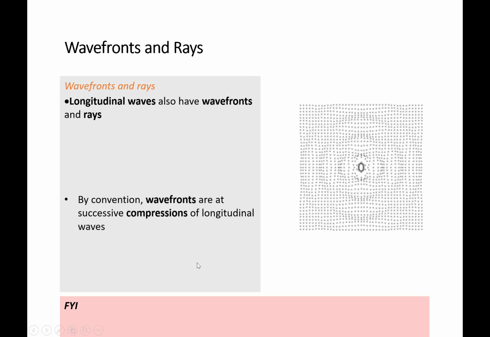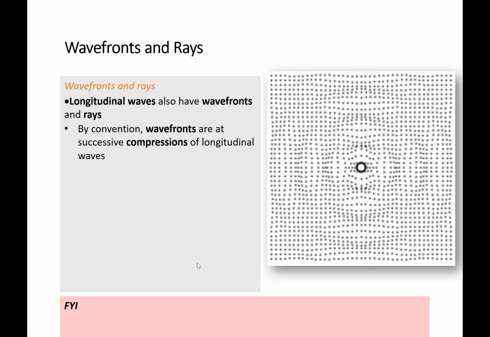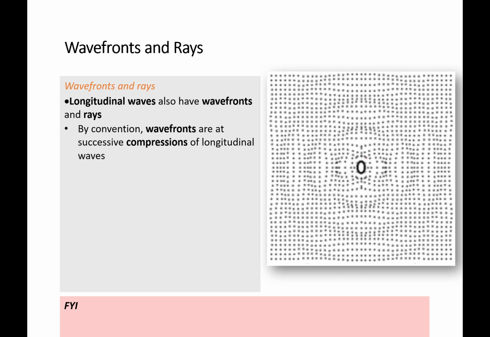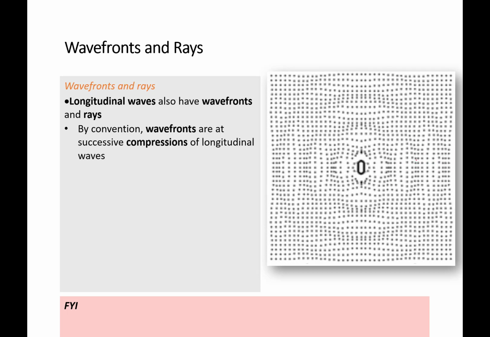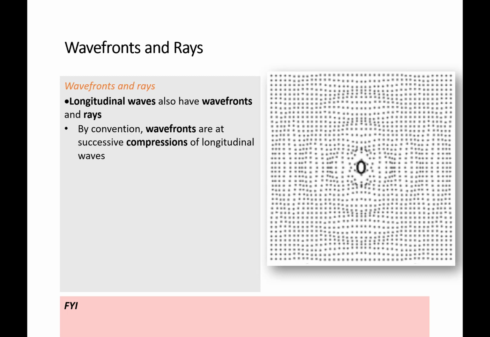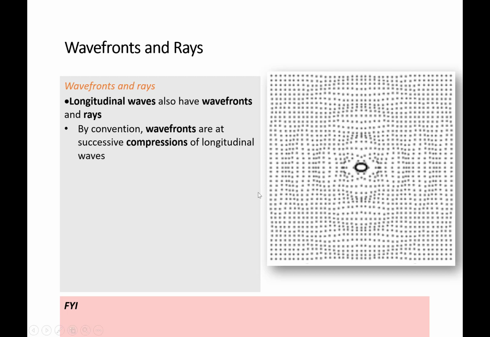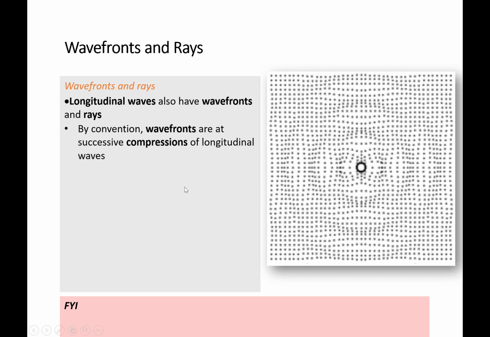Longitudinal waves also have wavefronts and rays. Here is a circular oscillator going back and forth. And we can see the compressions and rarefactions spreading out circularly around our oscillator. For a longitudinal wave, the wavefronts are drawn at successive compressions.